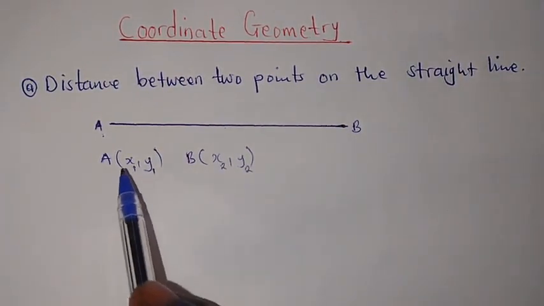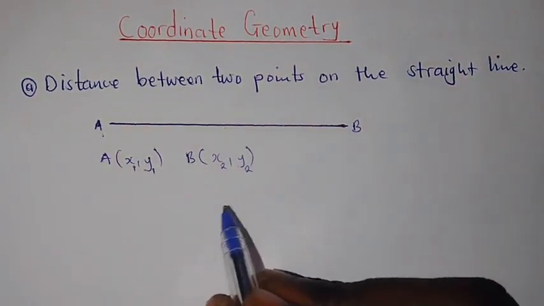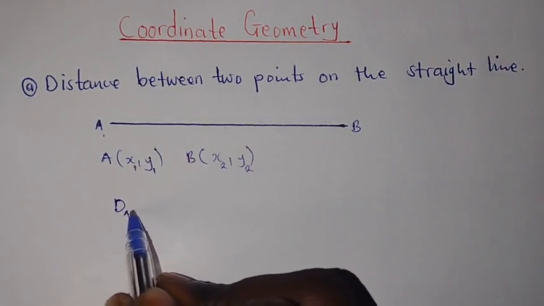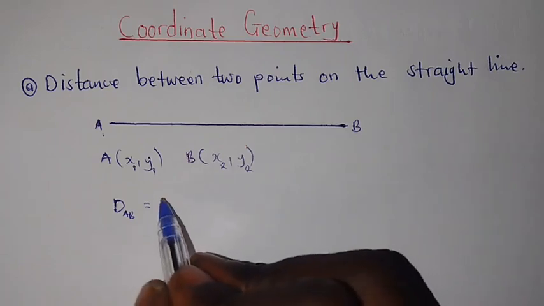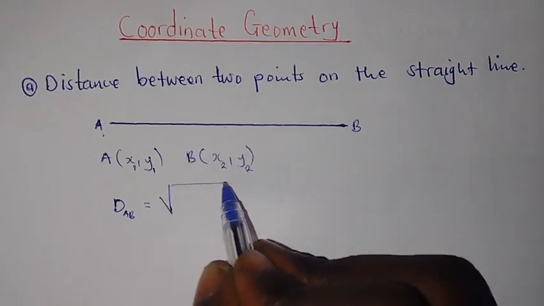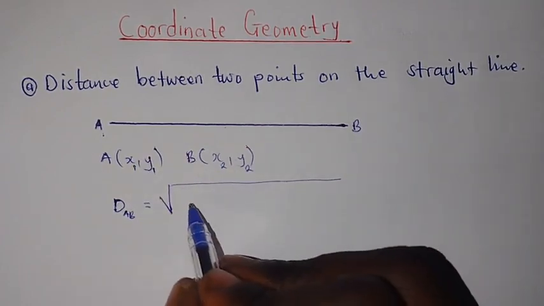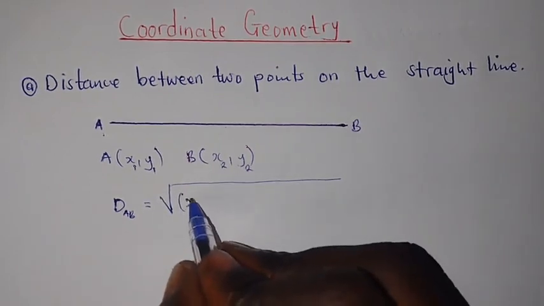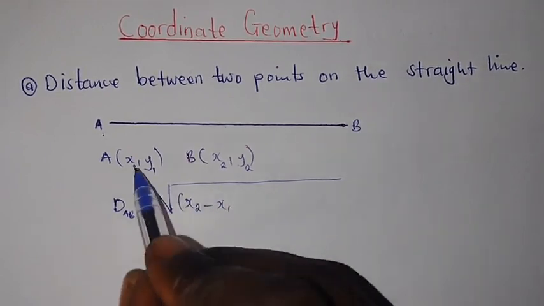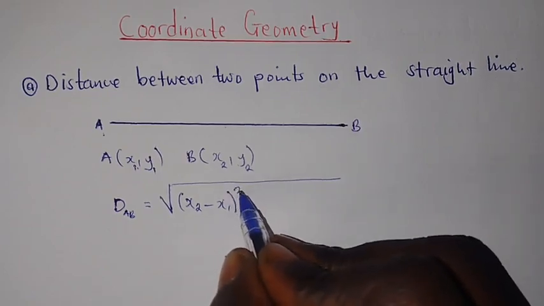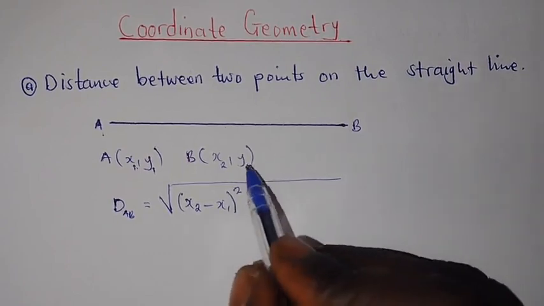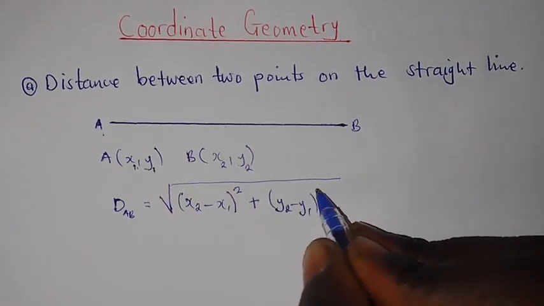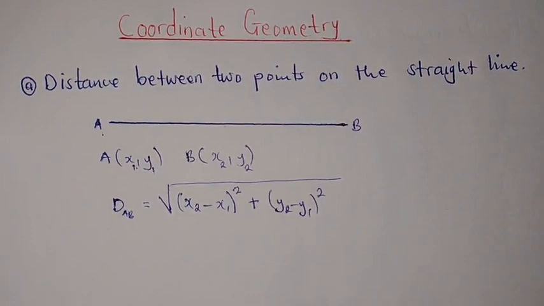If you want to find the distance between point A and B, you are going to come up with the formula where you say distance of AB is equal to the square root of, x2 minus x1, squared, plus y2 minus y1, squared. So this is the formula that we can use.